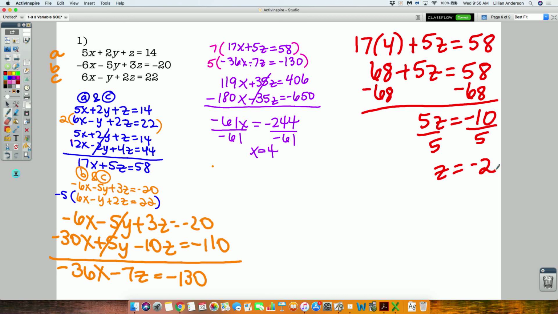Now I can plug it into one of the first ones, either A, B, or C. Does it matter? Let's plug it back into A. That's 5x plus 2y plus z equals 14. Now I went ahead and plugged in the numbers. 5 times 4?